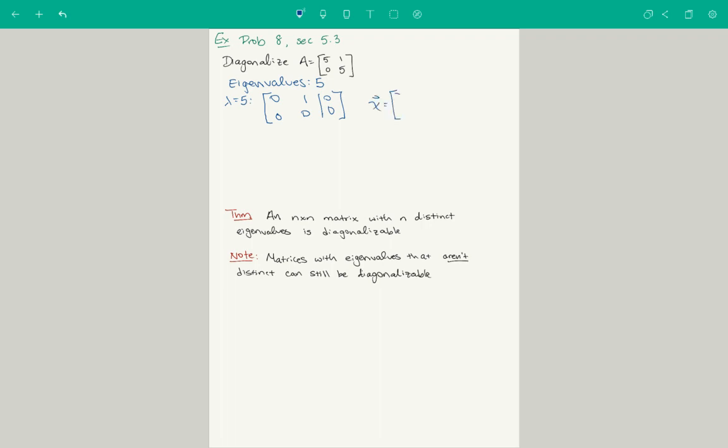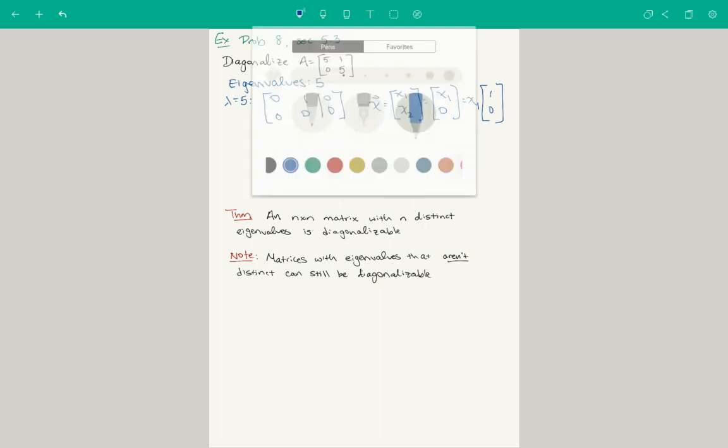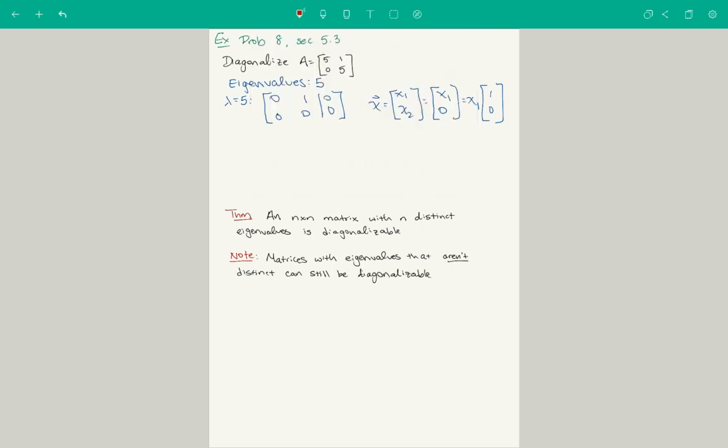So our eigenspace is going to be x1, x2, where x1 in this case is our free variable, and x2 is 0. So our eigenspace is x1 times 1, 0. Okay. What this means is our basis for our eigenspace is going to be this 1, 0.